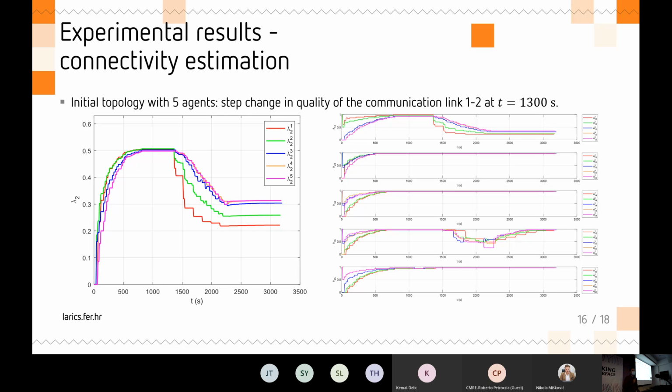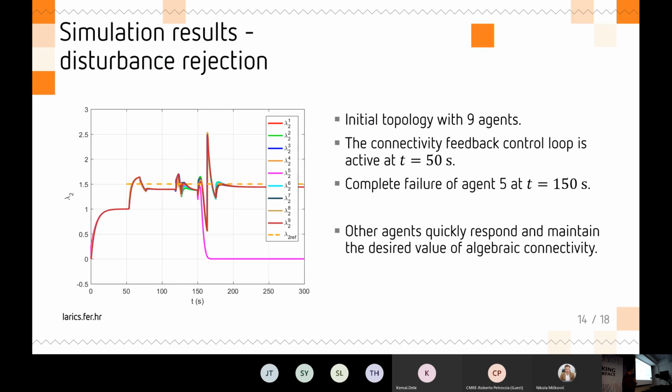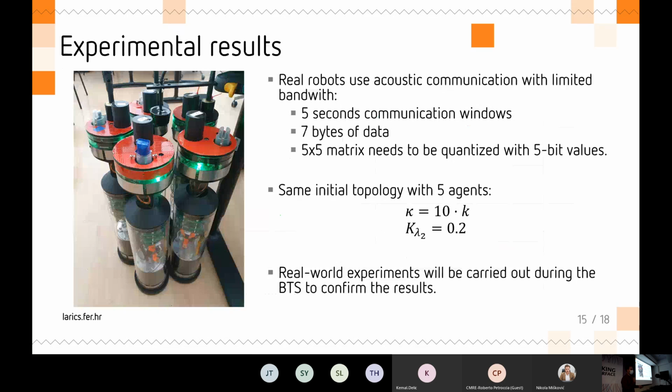There are also some other problems because of the acoustic communication and limited amount of data. We had to devise a special communication cycle for sharing current matrices, geodesy matrices, and information about new topology changes. So this is also kappa is 10 cases. So for 10 consensus cycles, there is one topology change cycle.